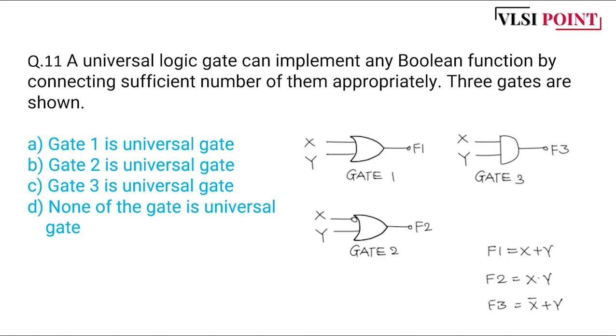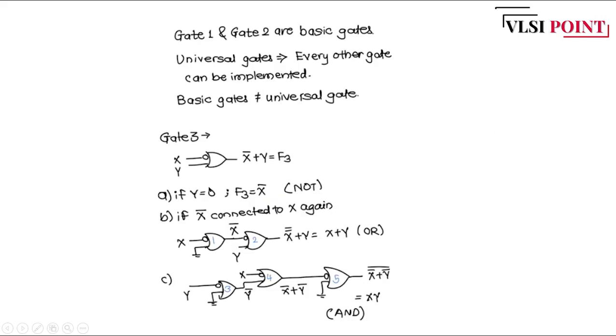Because using these basic gates we can't implement all the gates. Suppose I give you an OR gate or this particular AND gate, you can't implement all other logic gates like NAND, NOR or XOR. But if we have a universal gate, for example NAND or NOR gate, we can implement all the other gates using it. So we are rejecting option A and option C.